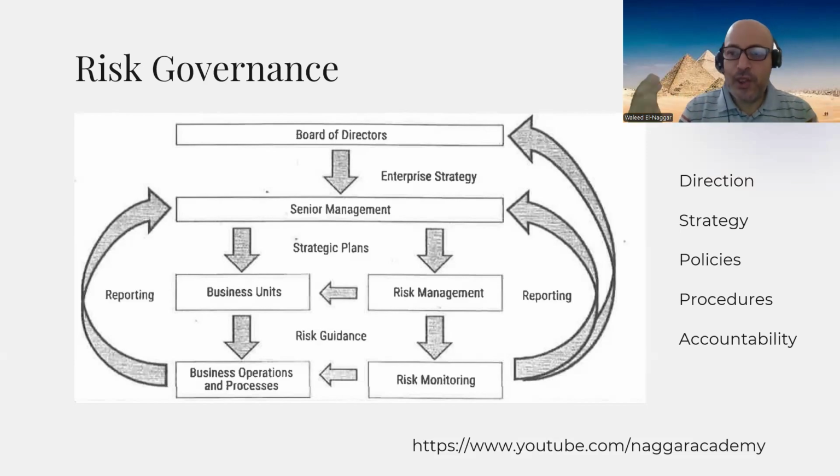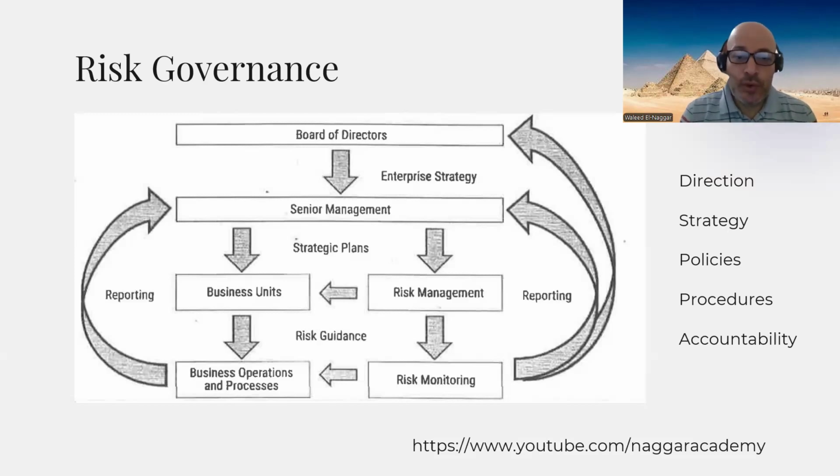It's not up to each one of them to do the job whatever he or she likes. So this is important to make sure that you have accountability, because if you don't have this procedure, everybody will do whatever they think is right. It's up to them. So you cannot hold them accountable for whatever they do.